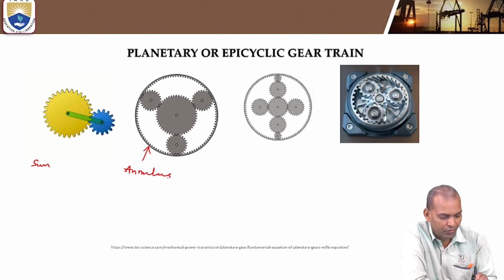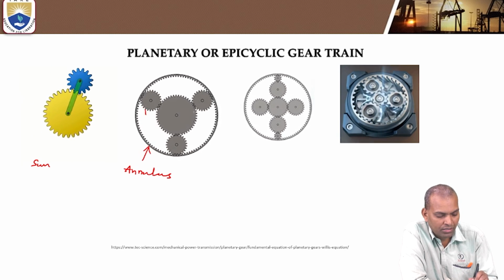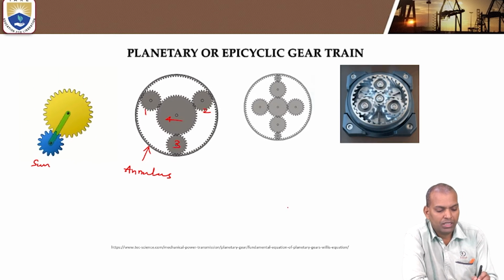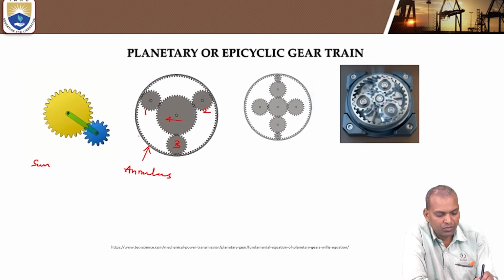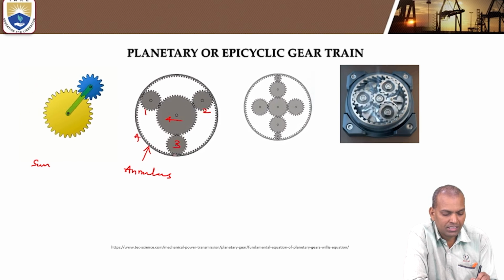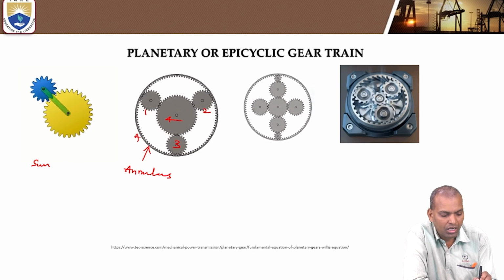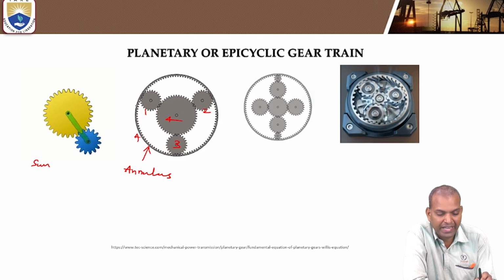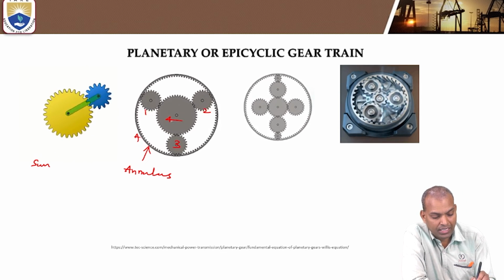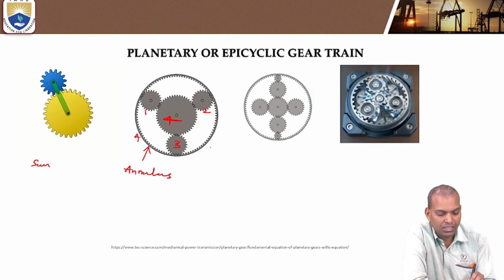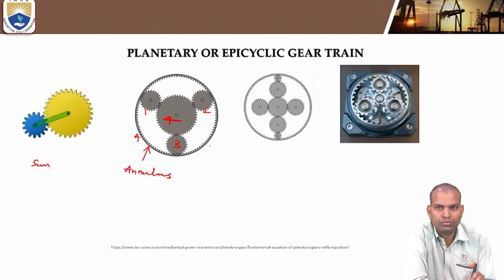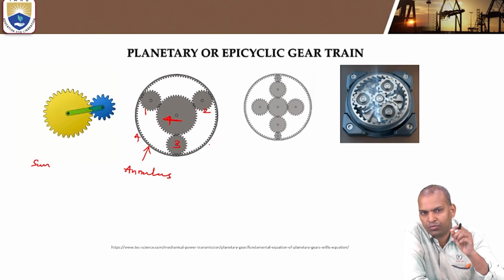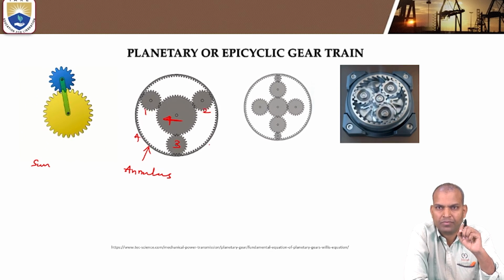This is the annulus wheel, and gears 1, 2, 3 and 4. Now gear 1 and annulus wheel A are in the same direction. Gear 1, gear 2, gear 3 are in the same direction as the annulus wheel, whereas gear 4 is in the opposite direction to the annulus wheel, gear 1, gear 2 and gear 3.